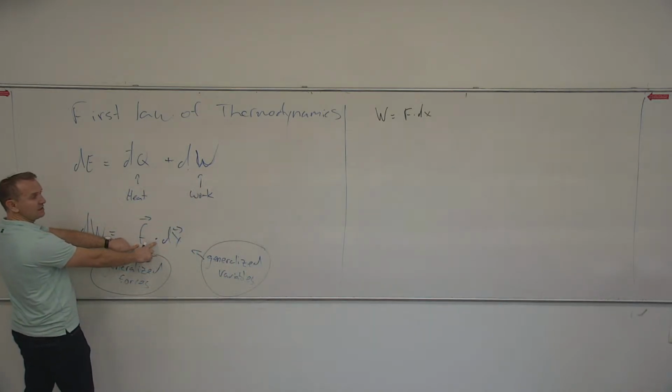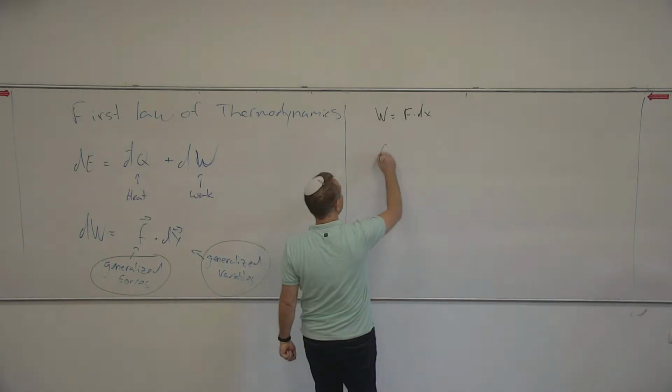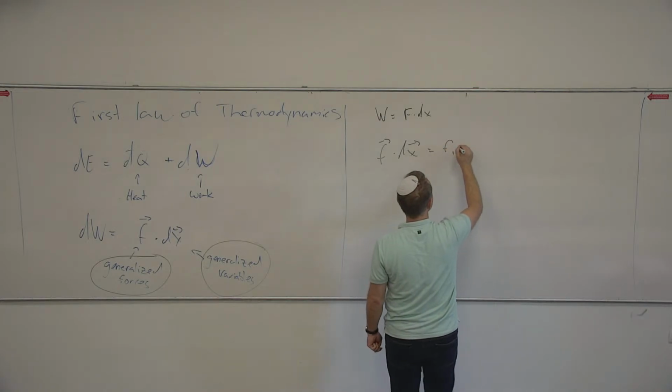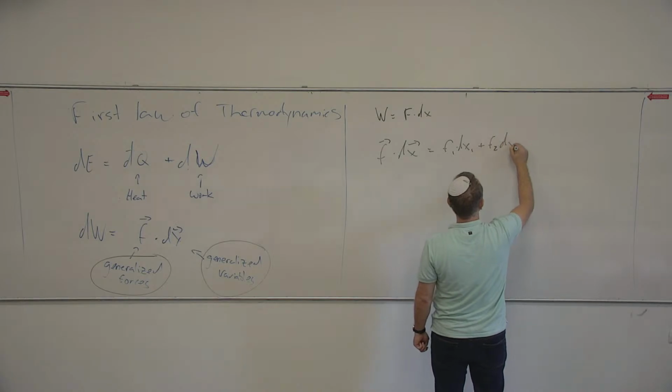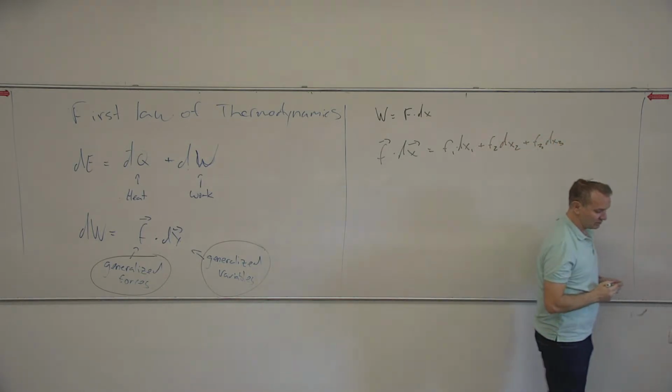Notice this is a dot, so it's a vector multiplication. What I mean by F dot dx is F1 dx1 plus F2 dx2 plus F3 dx3, and so on.